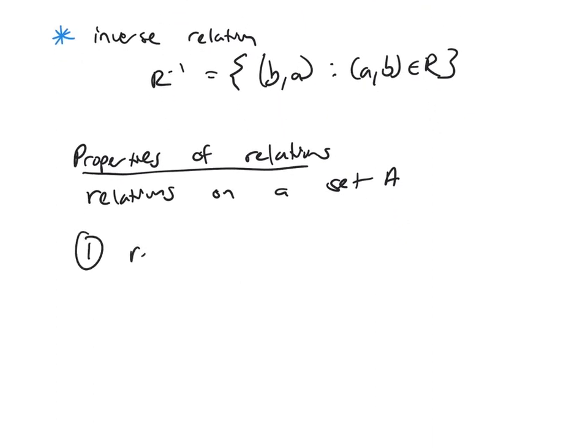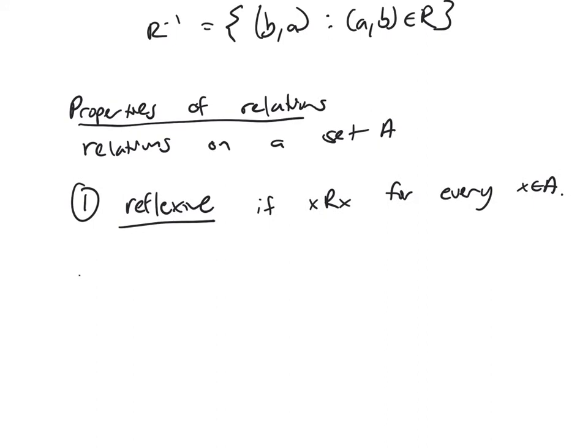The first one being reflexive. Remember that a relation on a set A is reflexive if x relates to x for every x in A. So every element in your set needs to be related to itself.